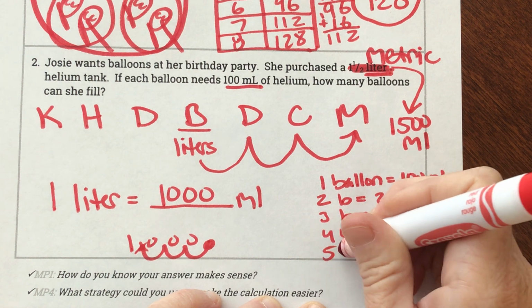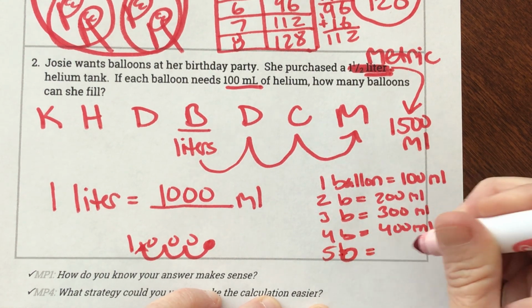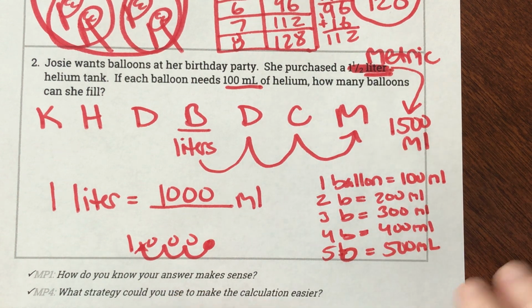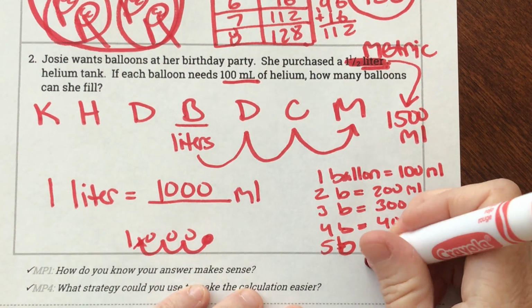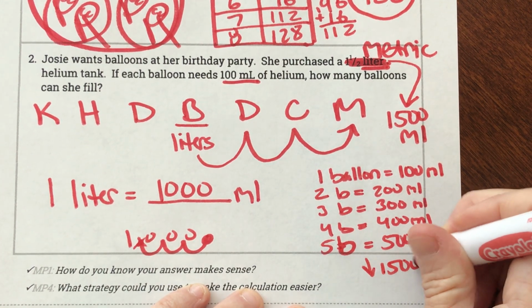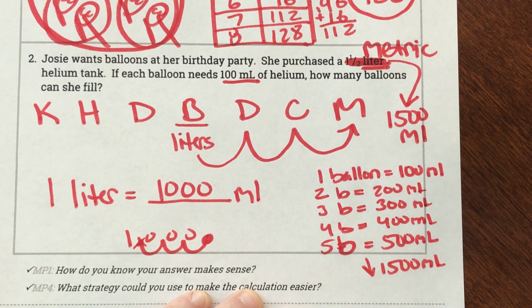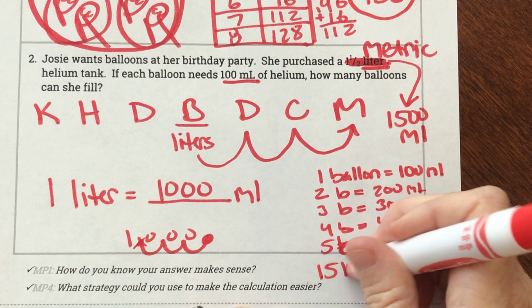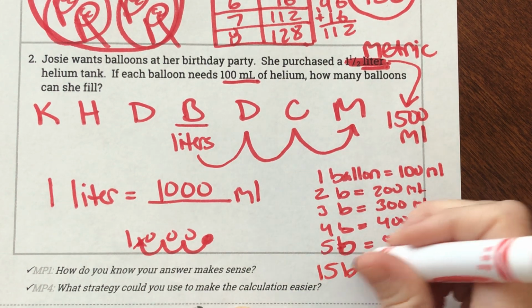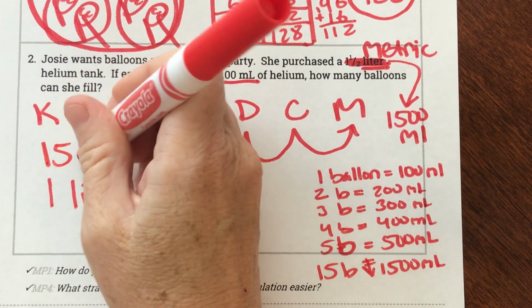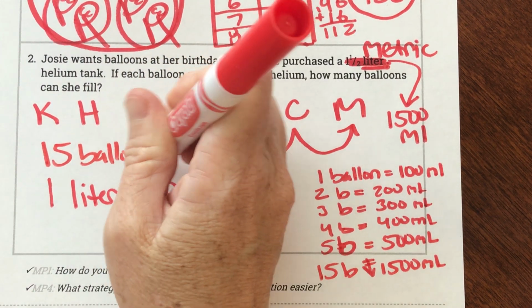Is anyone maybe seeing a shortcut? 5 balloons equals 500 milliliters. I need to go all the way to how many balloons is going to be in 1,500 milliliters? Are you seeing how it's going to be 15? 15 is going to equal that. So my answer is I could fill up 15 balloons.